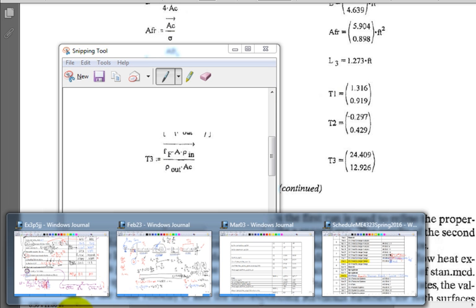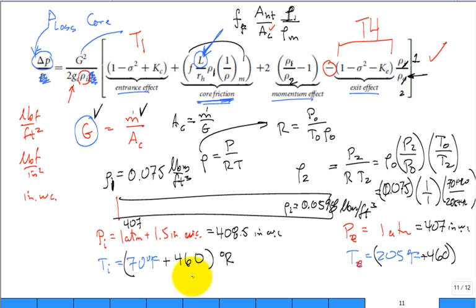Yeah. So let's see, where was this at? All right. Well, here you can tell from this equation right here, and it's consistent with the textbook, although it's not gotten out of the textbook, that for the core friction term, what are the two ratios?